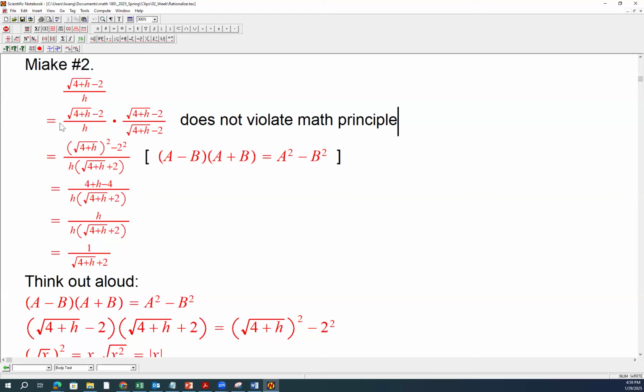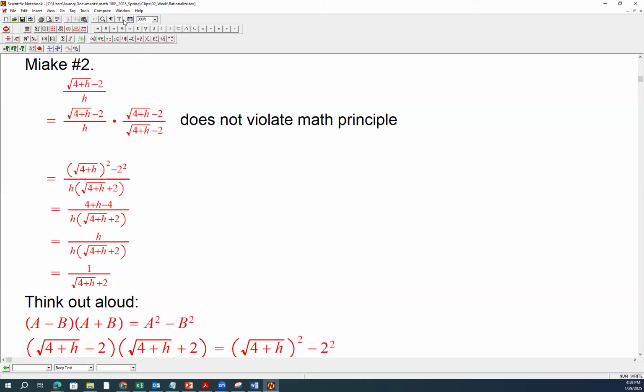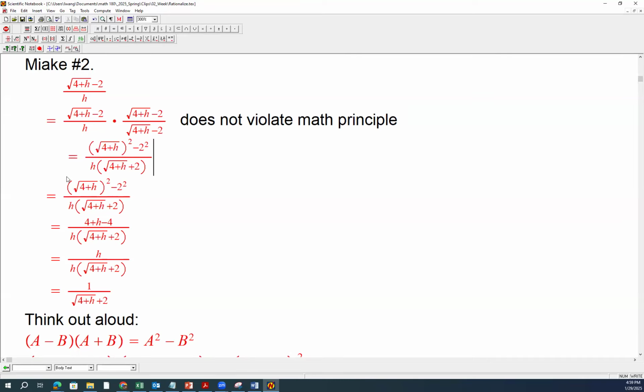However, if the student goes on to do this one, that would be a violation, because when you multiply the numerator with the numerator, you should get this piece. Let me do it this way.